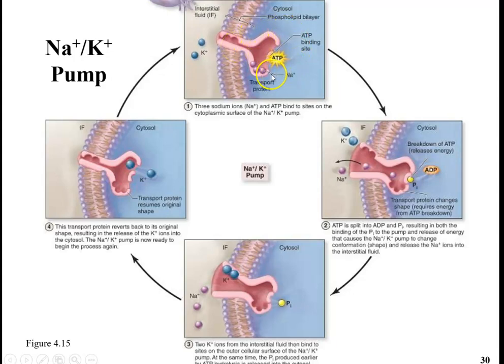So the first thing that happens, sodium ions bind, and then ATP binds, releasing energy. That energy causes a shape change or conformational change in the pump, and it opens up in such a way it releases the sodium ions, and the sodium can now travel out of the pump into the interstitial fluid against its gradient. ATP is broken down into ADP and inorganic phosphate in this process.